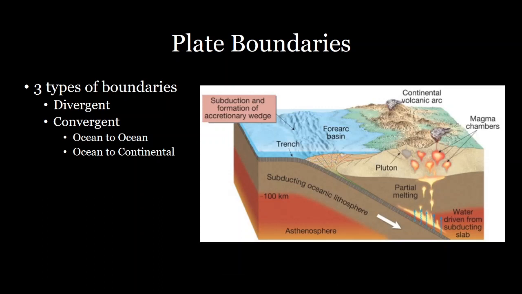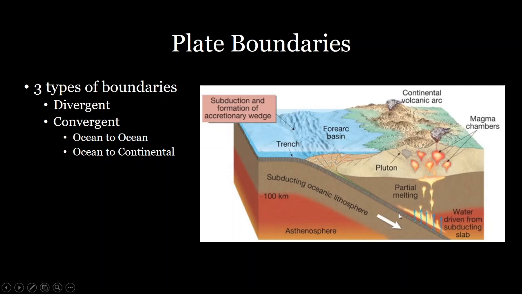The next type of convergent plate boundary is an ocean to continent plate boundary. Remember that oceanic plates are significantly more dense than continental plates, despite the fact that continental plates are much thicker. And because of that increased density, oceanic plates always go below, or subduct, which is the term for when a plate goes below another plate.